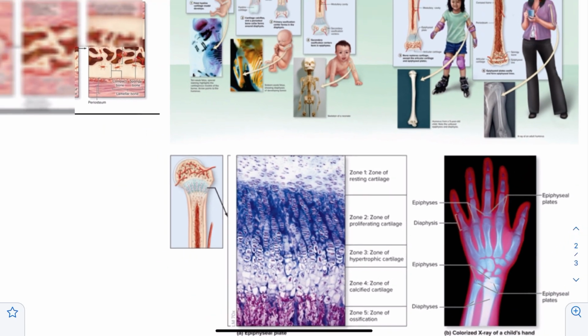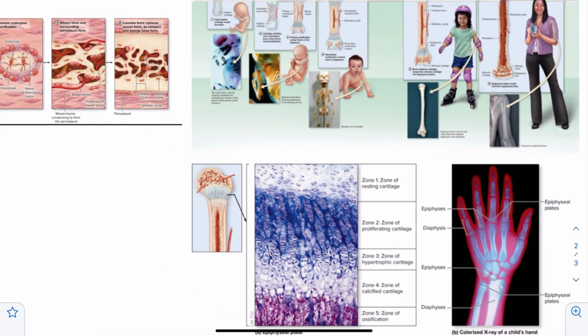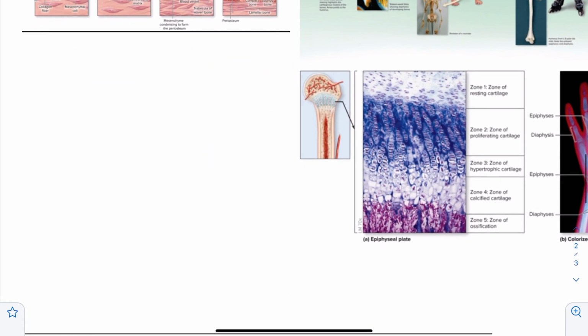And eventually they will close up, there will be no more epiphyseal plate, and they will become an epiphyseal line. So if somebody dies and you look at their bone and you can see where the epiphyseal line is or how much of an epiphyseal plate that they have, you can tell their age at death, which is, I think, very interesting.